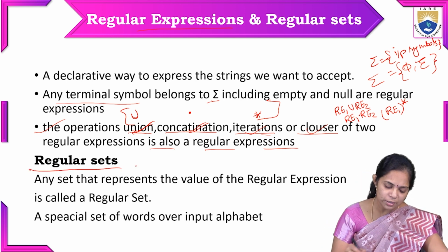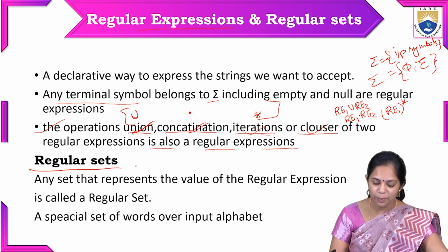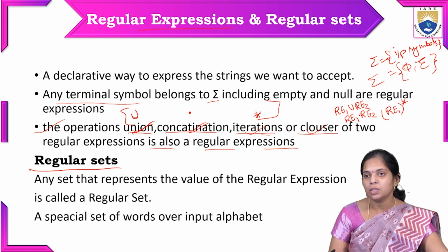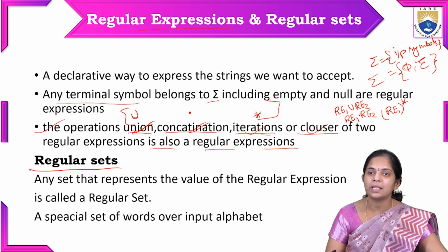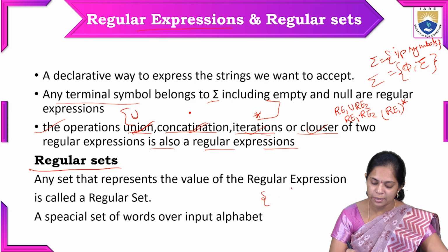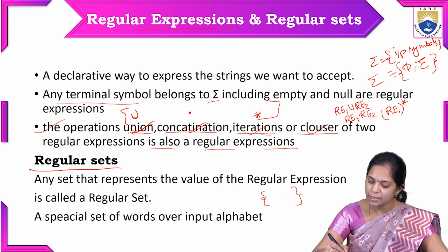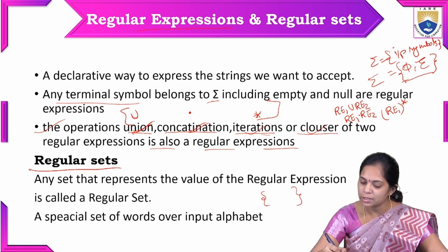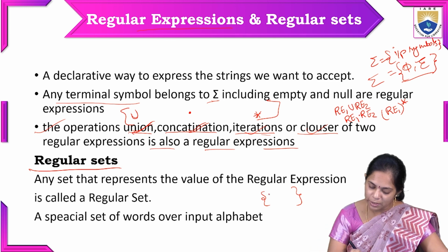And coming to regular sets. Any set that represents the value of a regular expression is called a regular set. So if you take this as a, these are all regular sets: the empty symbol, the null symbol, and also 0, 1.